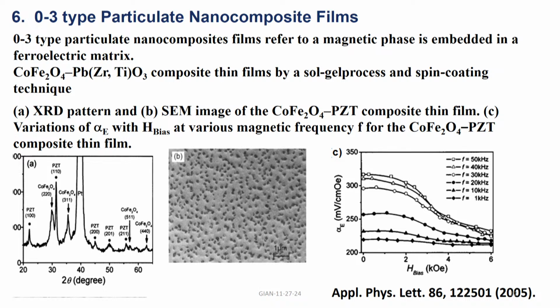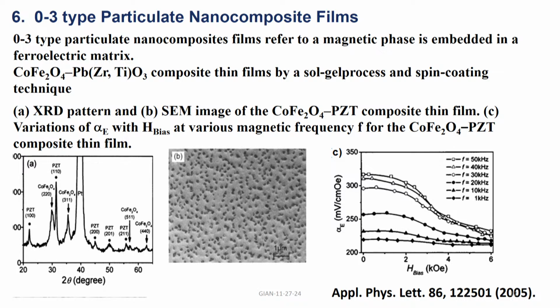In this particular system, it is cobalt ferrite nanopillars in PZT, and they measured the magnetoelectric voltage coefficient as a function of bias field at a series of frequencies. These numbers are okay, it's not great, but they are very decent, because you have to keep in mind that these are nanopillars of cobalt ferrite.